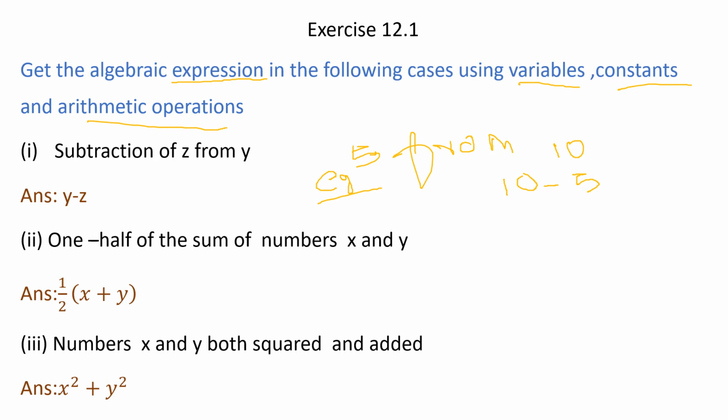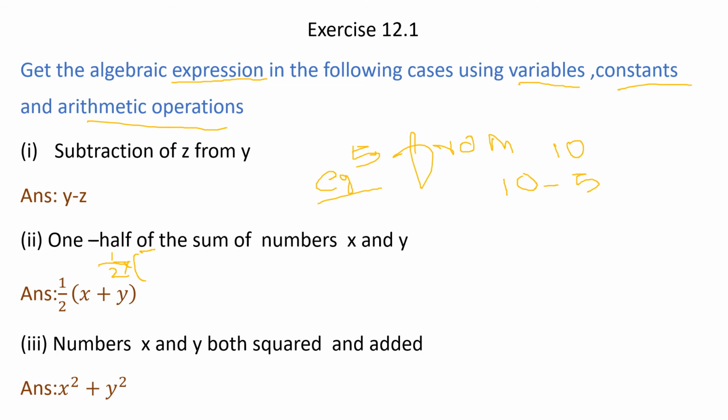Okay. Next one. 1/2 of the sum of numbers x and y. So how will you represent 1/2 in numbers? 1 by 2, half, right? And what symbol will you use for 'of'? Of means into, right? We can write it in a bracket or write the into symbol.